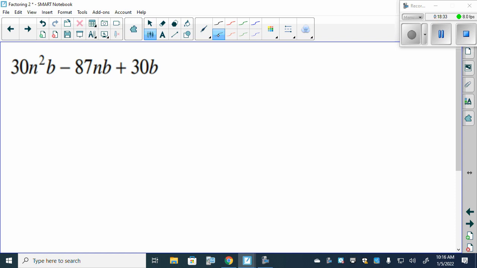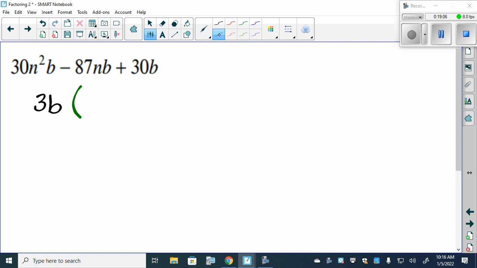So let's look at this one here. Is there a greatest common factor between these three terms? Well, we do have a common factor of b. And 3 would go into 30 and 87. If 87 is divisible by 3, the sum of its digits would be also. Well, 8 plus 7 is 15, and 15 is divisible by 3, so it does work.